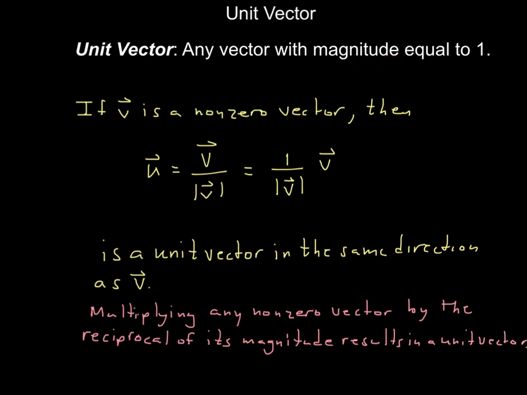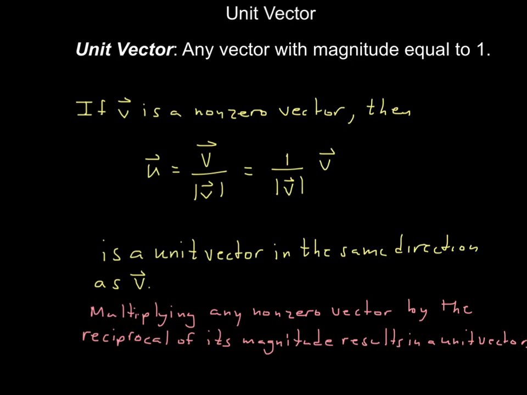This is how we find a unit vector: if a vector V is a non-zero vector, in other words, it's not the vector 0, 0, so it's going to have a direction and a length, then U, which will be our unit vector, is equal to the vector V divided by its magnitude, or taking 1 over the magnitude of V and multiplying it by vector V. That is going to be a unit vector in the same direction as vector V.